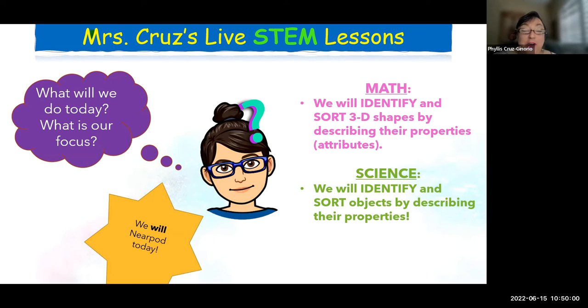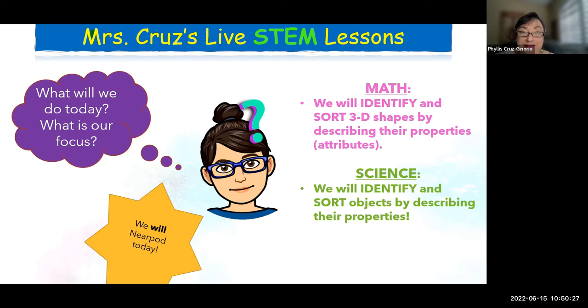Yes, we are going to identify and sort 3D, or what we call solid shapes, by describing them. Yeah, we're going to talk about their properties, or we can call them attributes. We'll talk about that a lot, and we'll have a lot of fun sorting those shapes after we describe them.